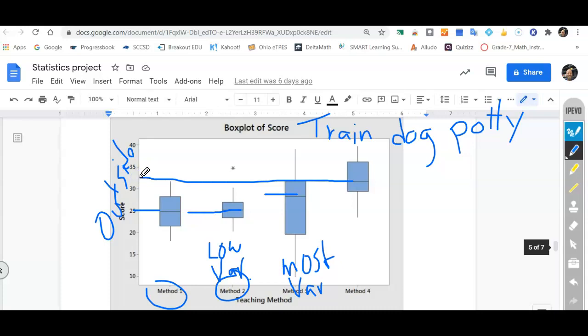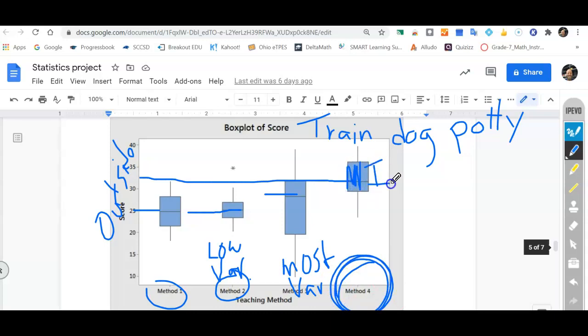So which one was having the most success getting my dog to go to the restroom outside? Which method, Matt? Method 4 would be probably the most successful because look also at this middle 50%.